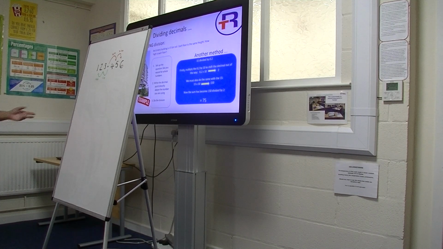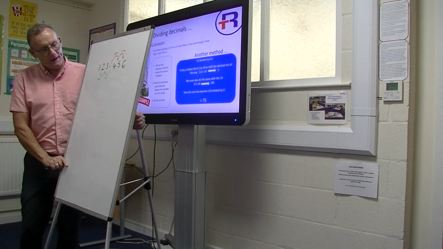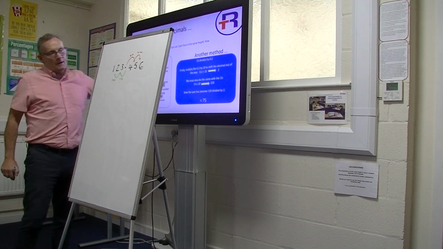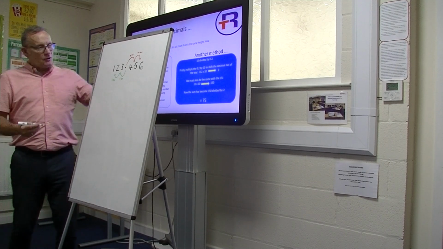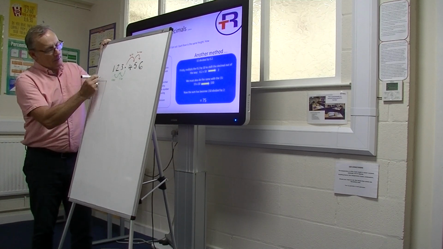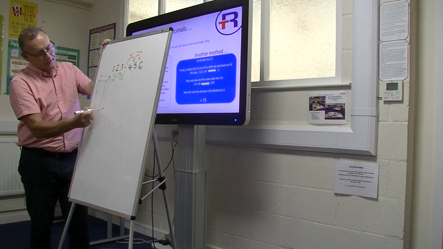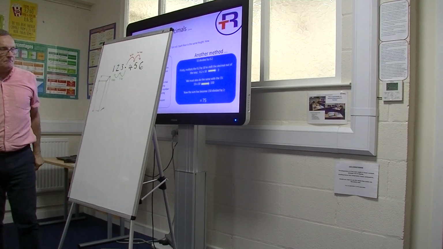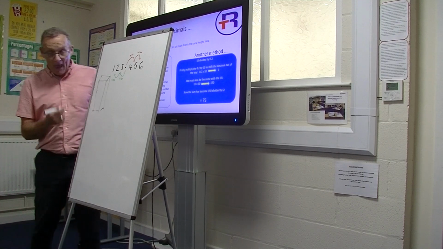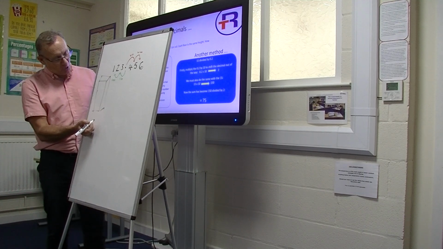So I'm going to start off with the easy one. I like to start off easy, and then we're going to make it a bit more tricky. So we've got a question here. We've got an 8-storey building, it's 37.6 metres tall. Each floor is the same height, so how high is each floor?